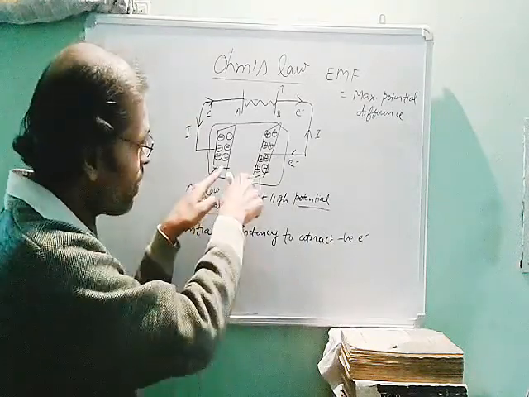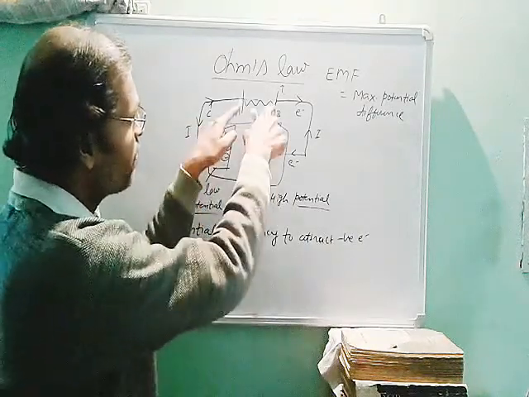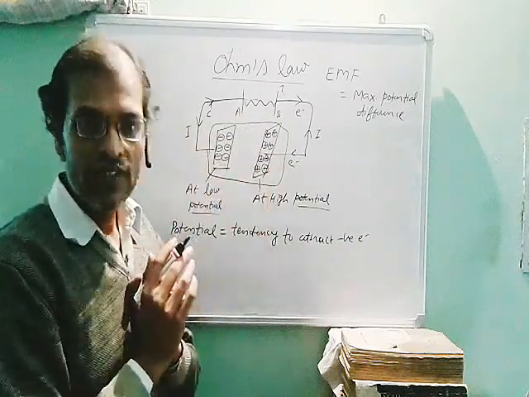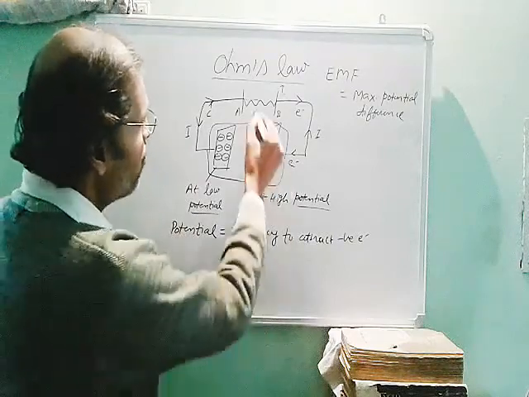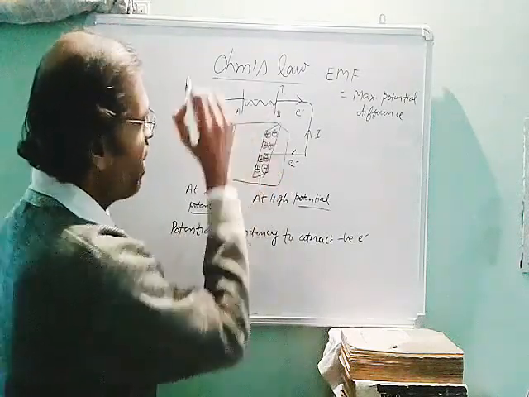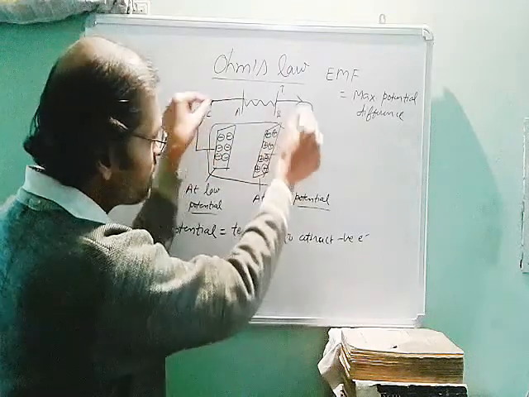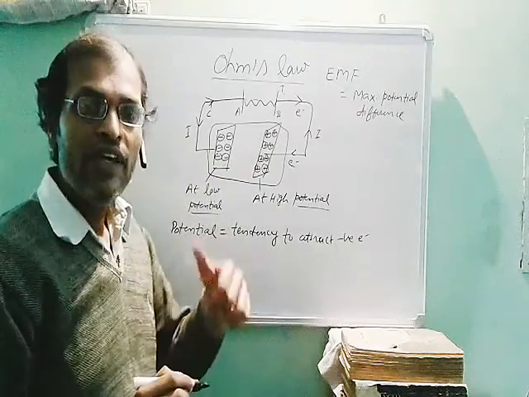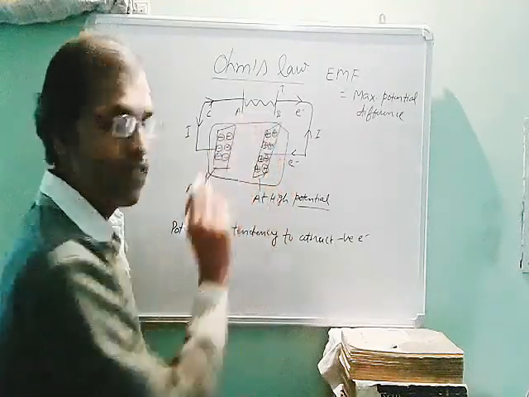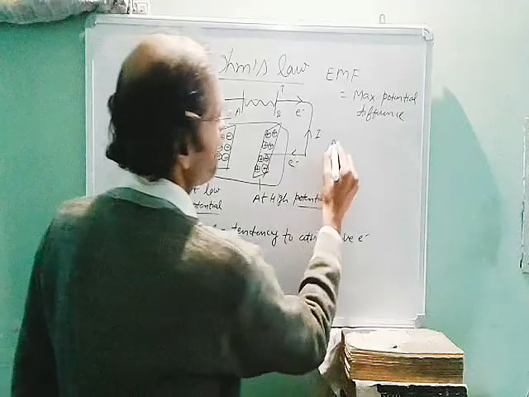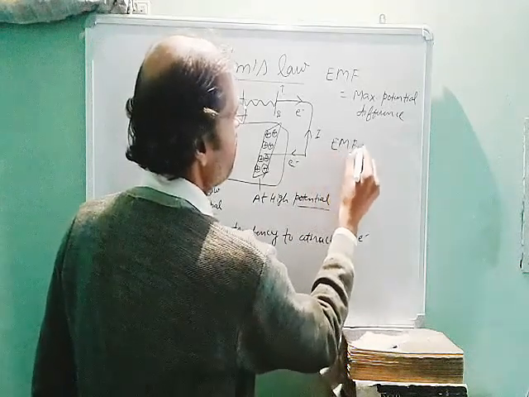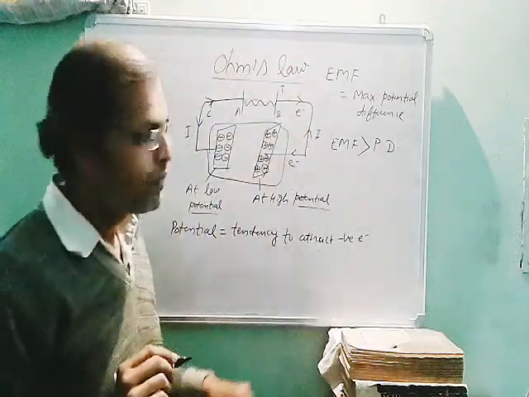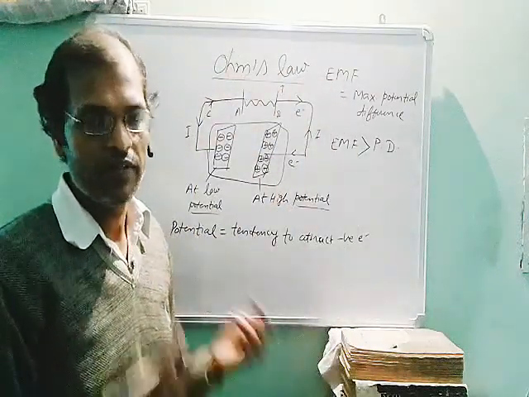This is the maximum potential difference, and this difference will be less than the maximum potential difference. That's why we say that when we connect a wire with a cell or battery, the EMF will be greater than the potential difference, because EMF is considered the maximum potential difference.